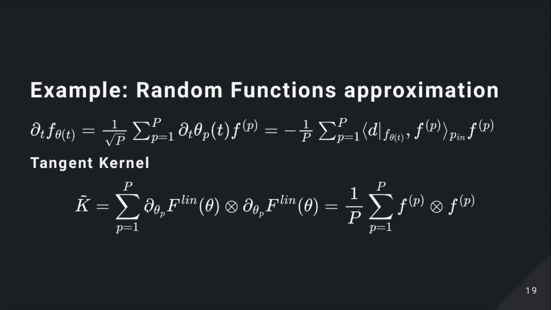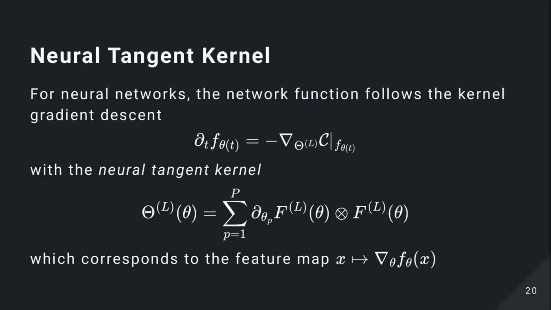So if you want to think in feature space, in the feature map way of kernels, that's just taking as your feature map the gradient of your model with respect to the parameters, which in this case does not depend on the parameters, so this is a constant. And so the nice thing is that I now have kernel gradient descent with a constant kernel, so if I can show that this thing here is positive definite, then I ultimately know that I converge.